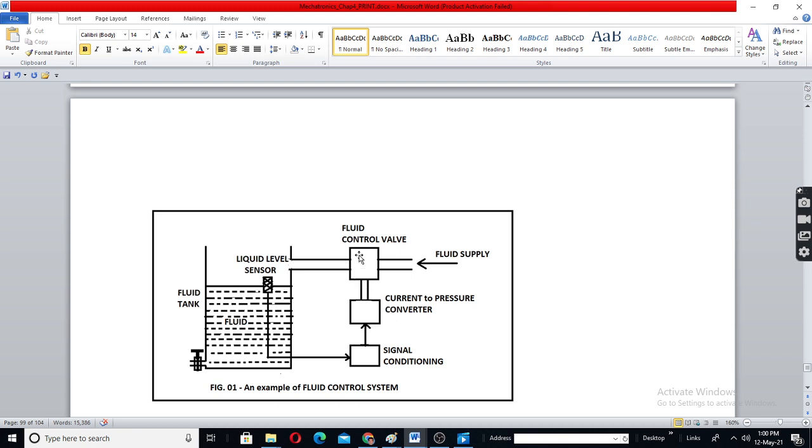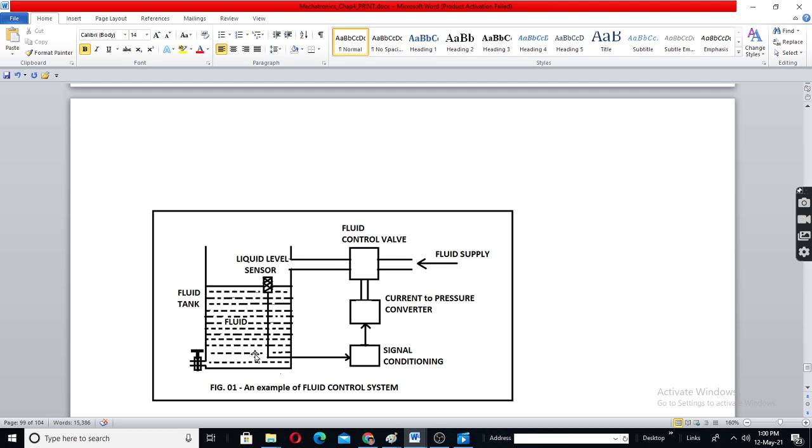Lesser pressure means this valve will not be tightly held, it will be open. This valve will be normally open. So at 0 current there is no pressure, and the valve is open. Fluid can enter into the tank.